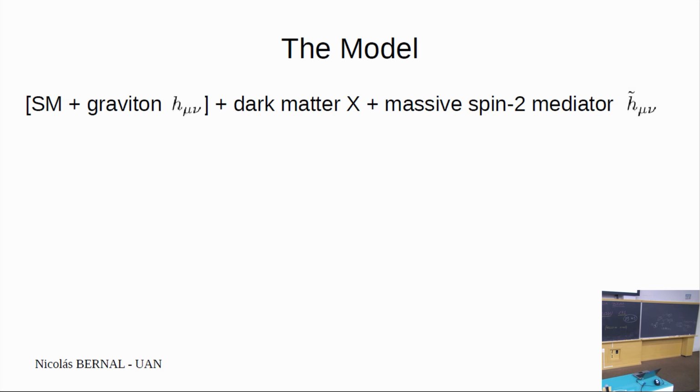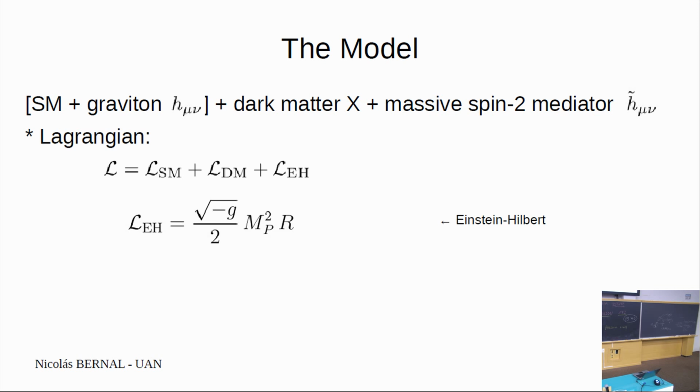So it's a simplified model. We have one particle responsible for dark matter and one mediator. For dark matter, we'll take into account spin 1, 0, or 1/2. For the plots I will show you, we'll focus on scalar dark matter. And the only thing is that we'll take the mediator to be spin 2, a massive spin 2.